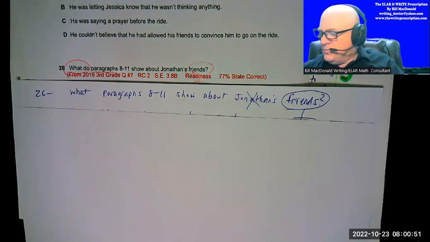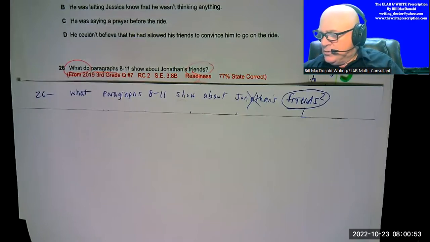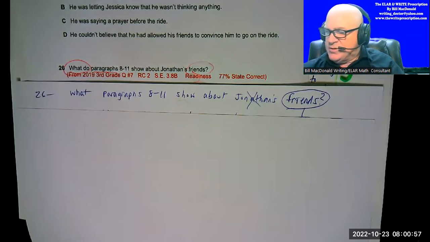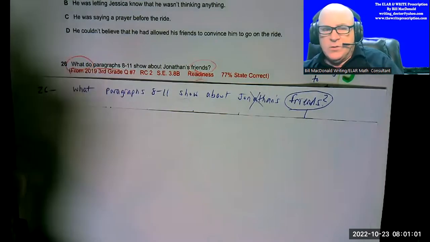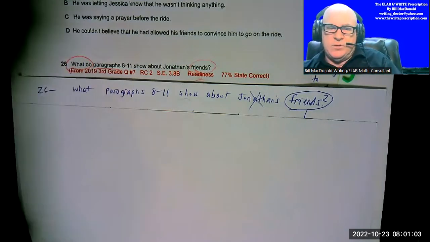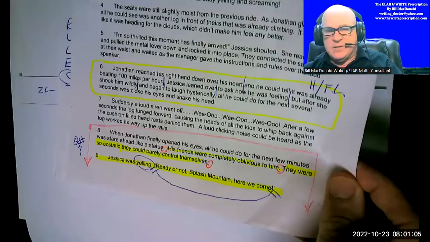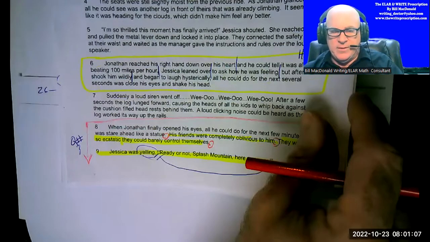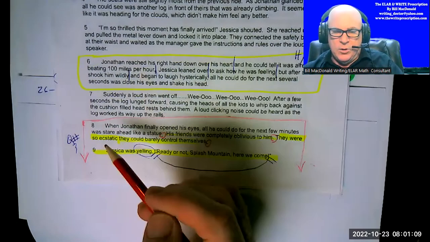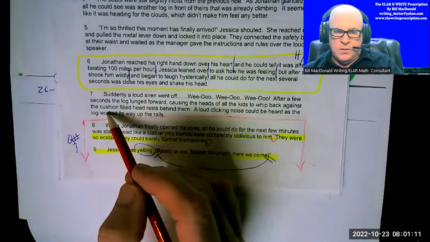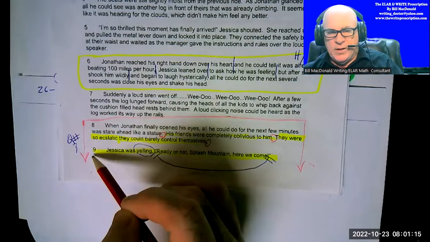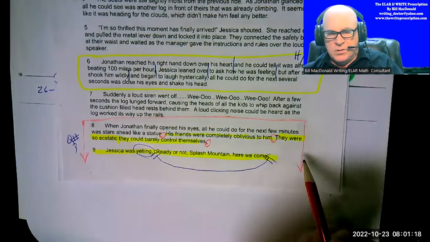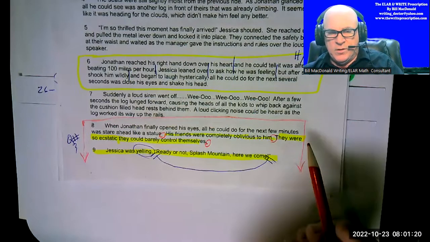instead of going straight to the answer, we should go straight to the evidence. So it says where to go. And so what I'd recommend that you do is, because it asks for paragraphs 8 through 11, they can open the section that's being asked about with red because the answer to the question is going to be somewhere in there.